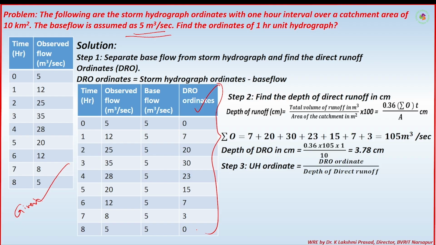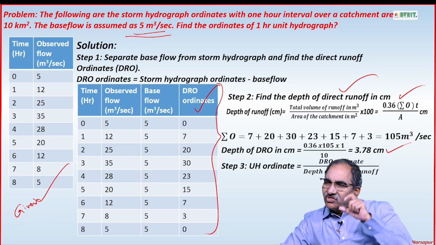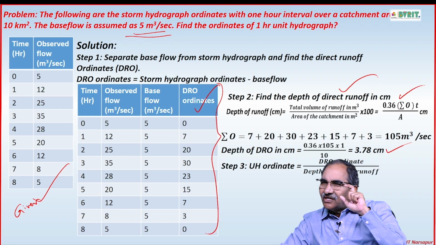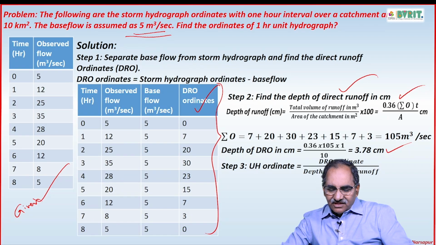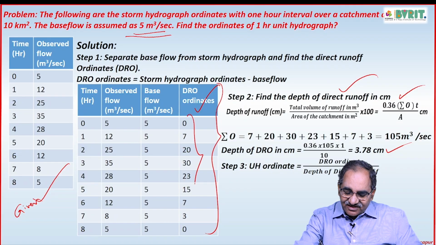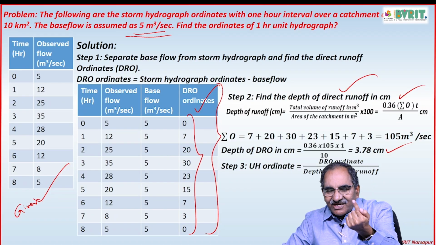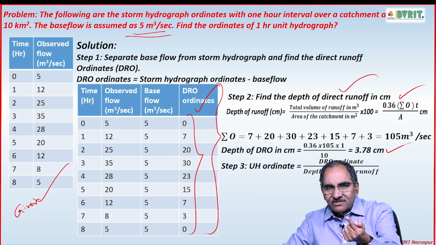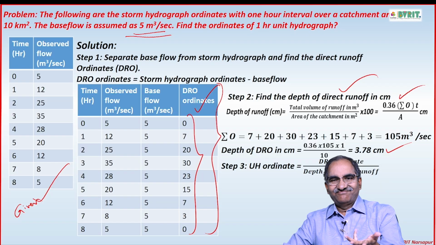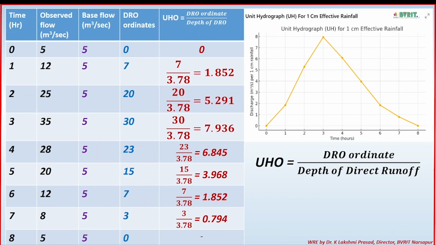Found out. Next, what is the depth of direct runoff? Use the principle: 3.78 centimeters. These are the ordinates. If 1 centimeter is the depth of direct runoff, what are the ordinates? That's the question. See, time, observed flow, base flow, direct runoff ordinate.